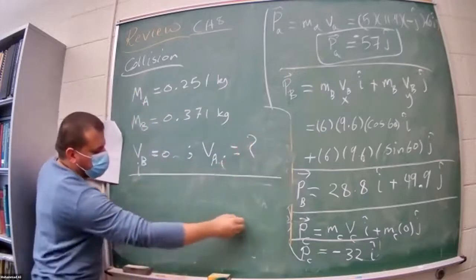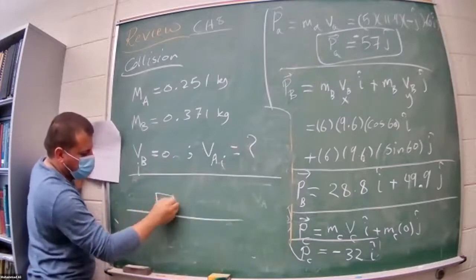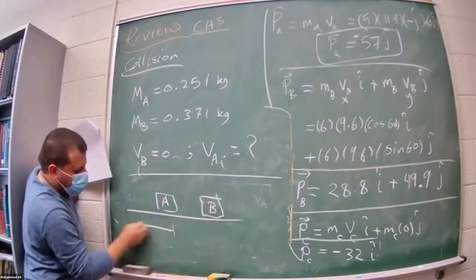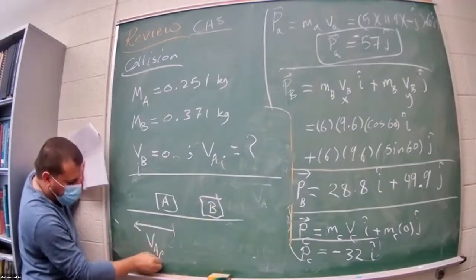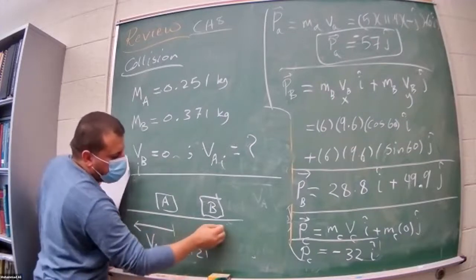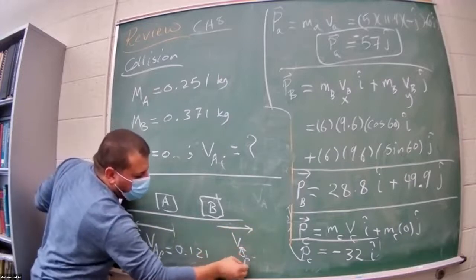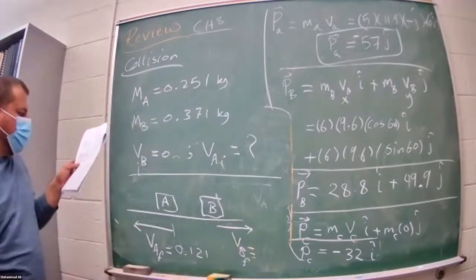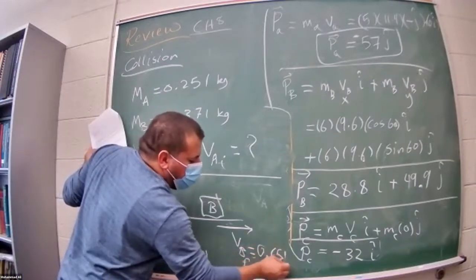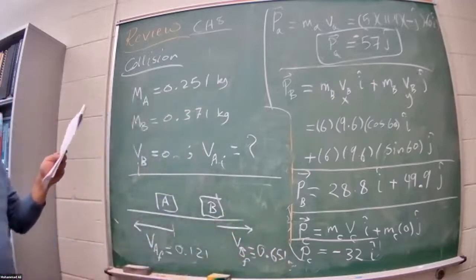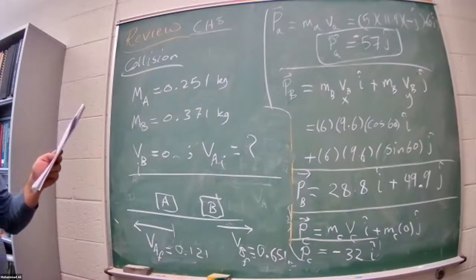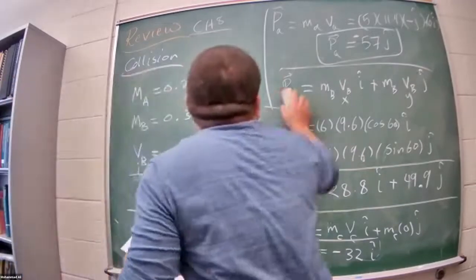After the collision, this is A, and this is B. VA after, finally, to the left is 0.121 meter per second, and VB, finally, to the right is equal to 0.651 meter per second to the right. Now, what is the initial velocity?